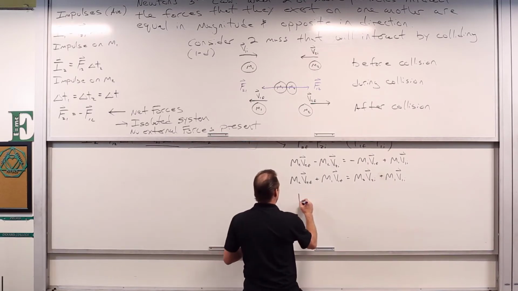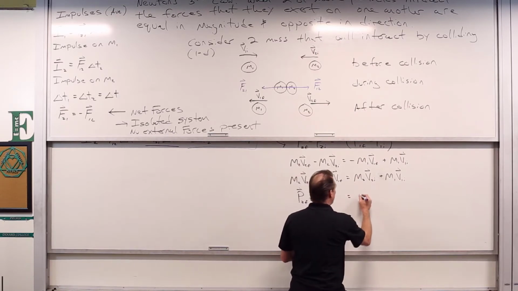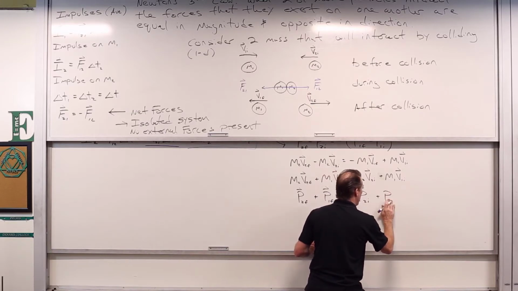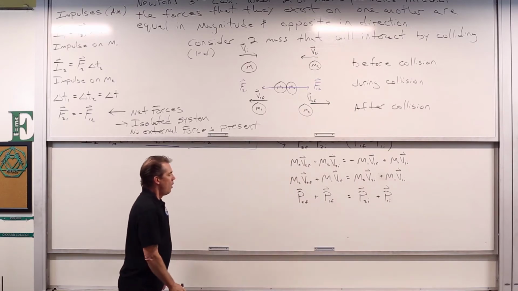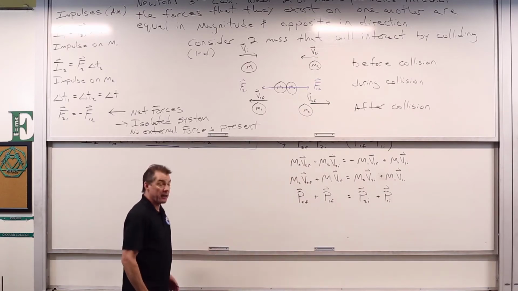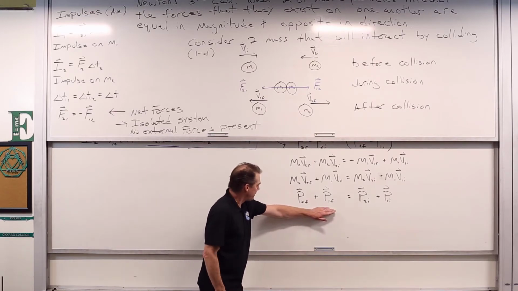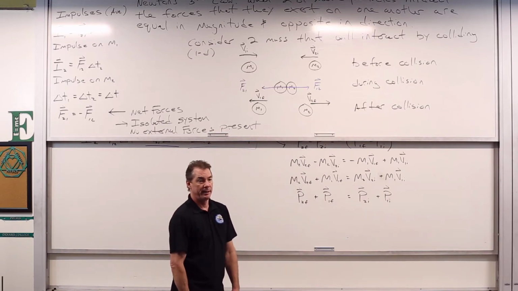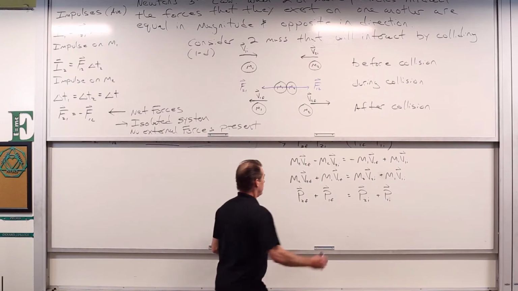This is P2 final hat plus P1 final hat is equal to P2 initial hat plus P1 initial hat. Well, look at this. We've got something that's conserved here. We have the total final momentum of the system is equal to the total initial momentum of the system. This is P total final.